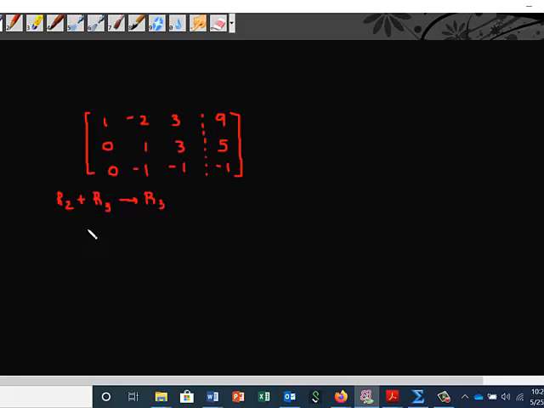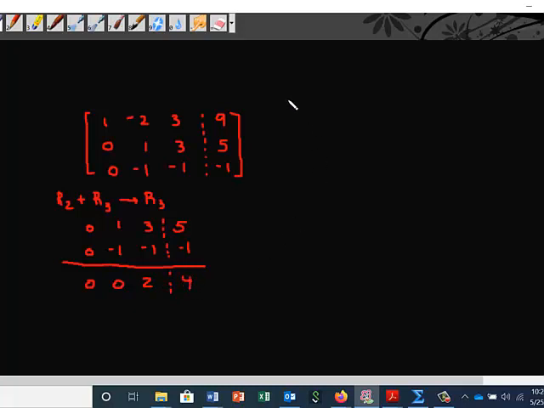So in this case, 0, 1, 3, 5, and this will be 0, -1, -1, and -1 here. So this will be 0, 0, 2, and this will be 4.